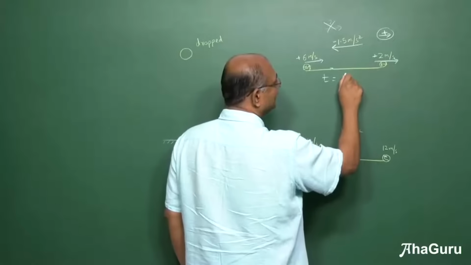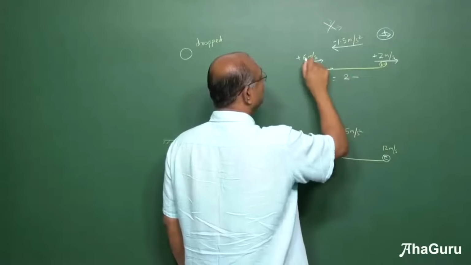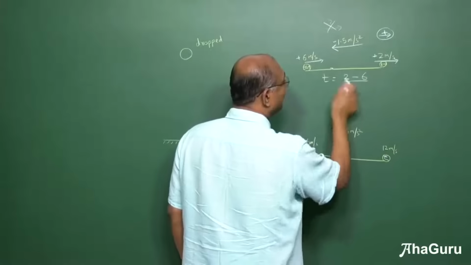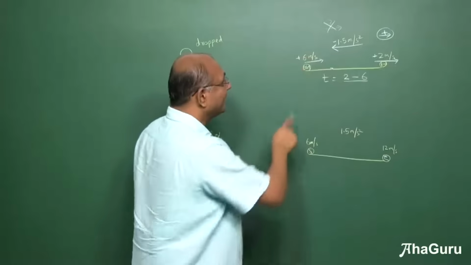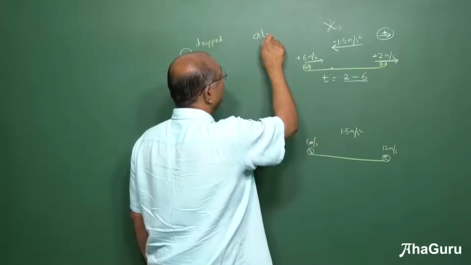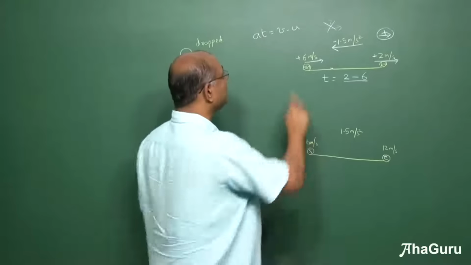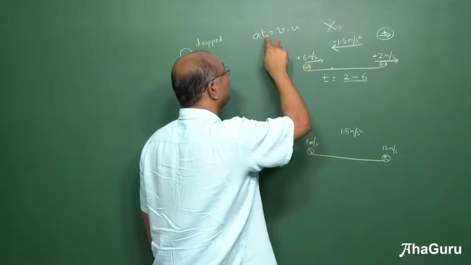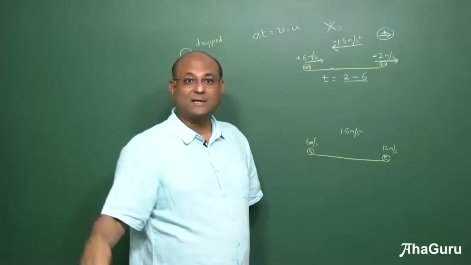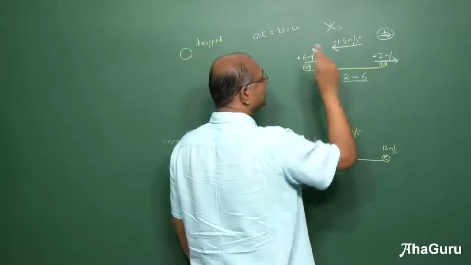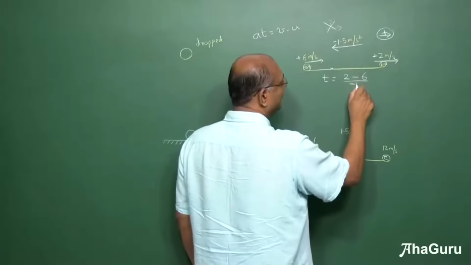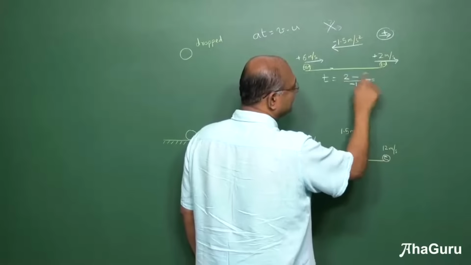Final velocity minus initial velocity by the acceleration. AT, remember I told you to say AT is V minus U. You should do this mentally many times. V minus U by T is A, V minus U by A is T. So V minus U by A, how much is this?